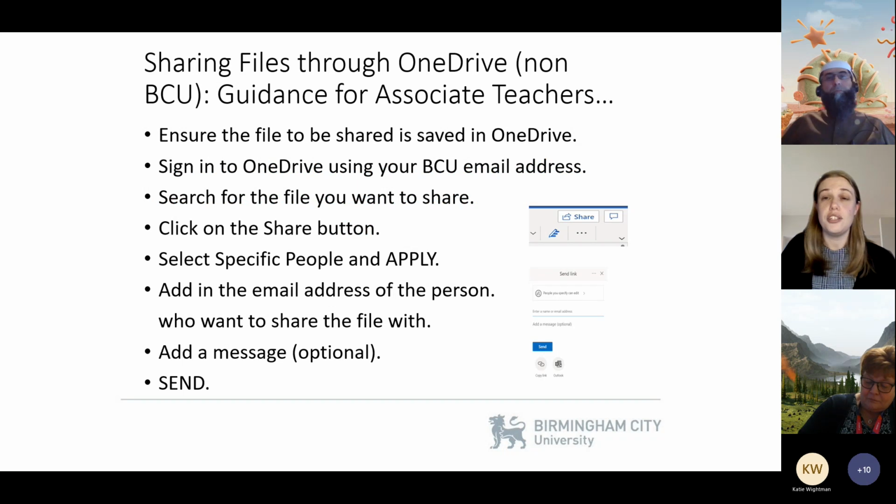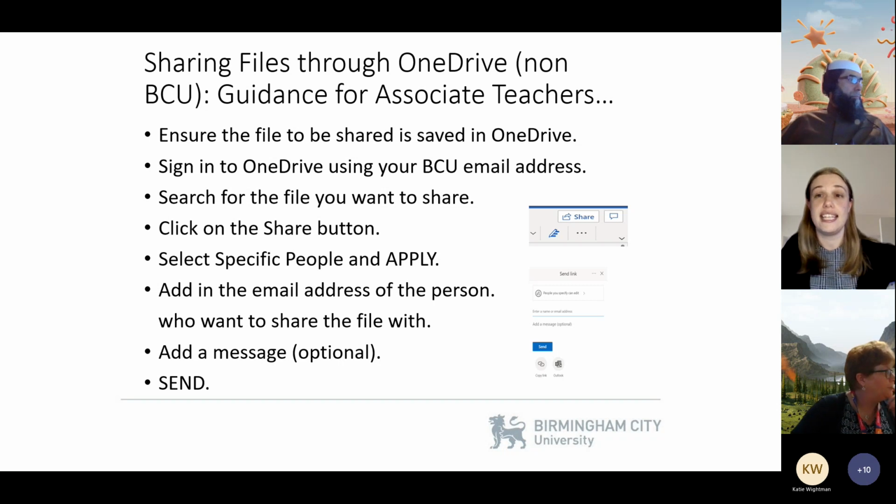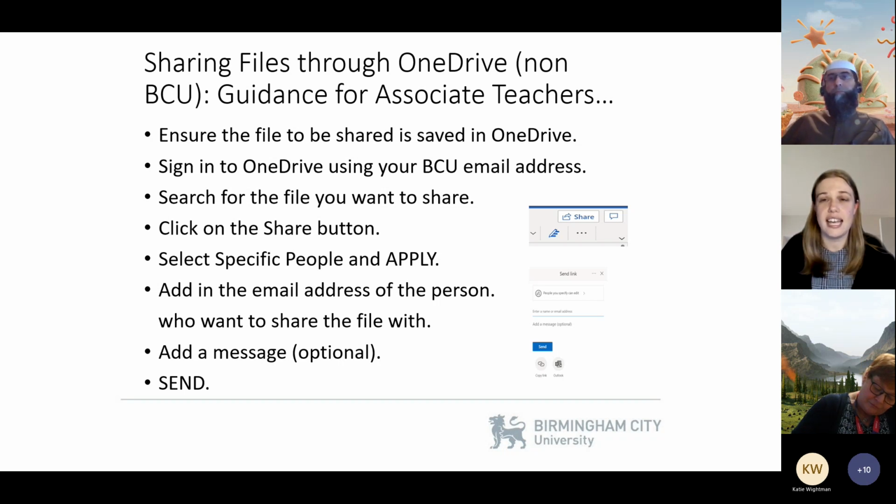If they are struggling to share this with you, if there are any technical difficulties, then they can contact the IT help team at university, and they can support with that as well. But the idea is that everything is online, they're shared documents, so the associate teachers can access them and edit them, the university tutors can access and edit them, and colleagues in school can also access and edit them.